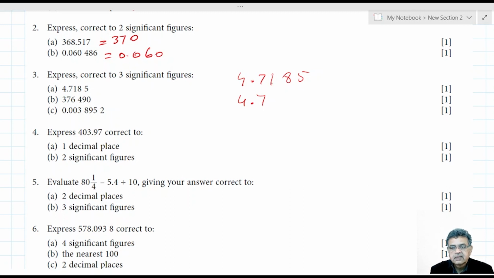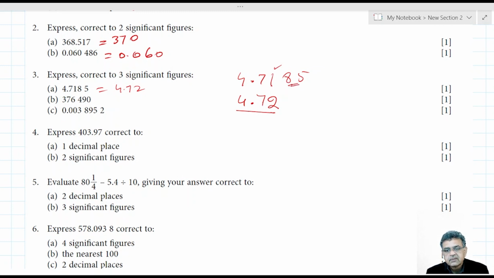So 4.718 will be rounded off to 2. So this is three significant figures, 4.72. At second decimal place, this is third significant figure, we have to round off this number.